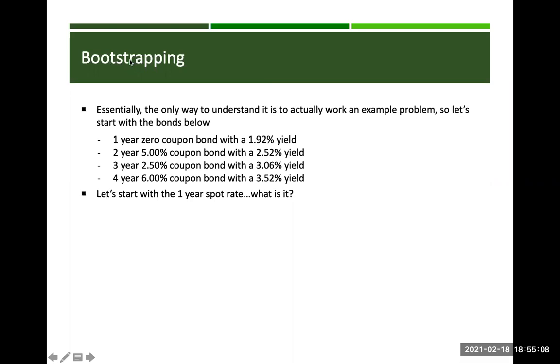Easiest one to do. What's the zero coupon interest rate for 1 year's time? Simple. The first spot rate is always the easiest because you're usually given a zero coupon instrument.